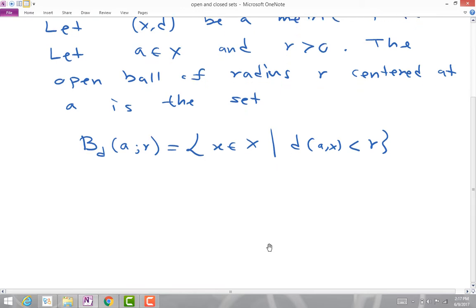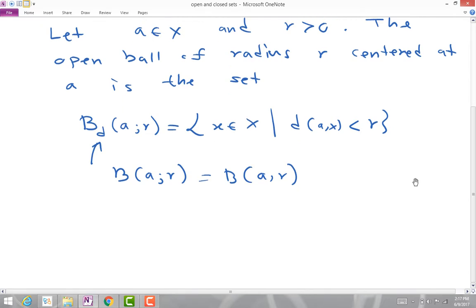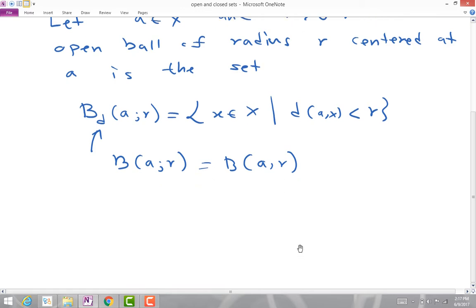Now if your metric is clear, we just write B(a, r), or sometimes you can just write B(a), and instead of a colon we can just put a comma. But when you sometimes work with two metrics, we want to write d as a subscript, or index by d, because we are not sure which metric we are working with. So it comes with the context.